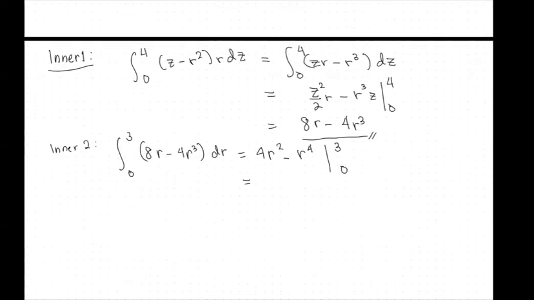So this is 4 times 3 squared minus 3 raised to 4. So this is negative 45.